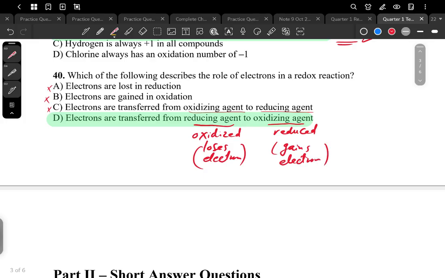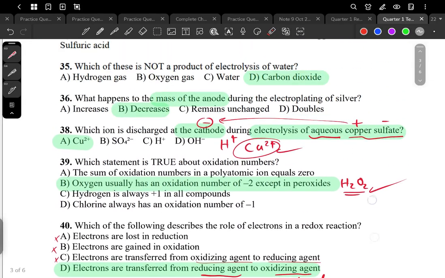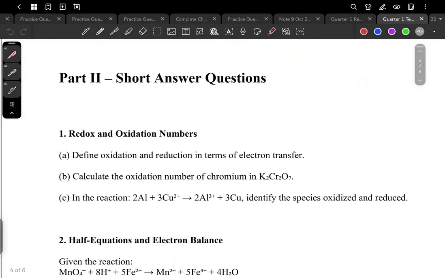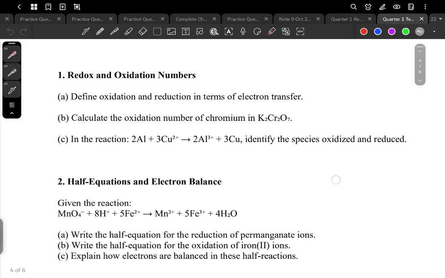So the electron flow is going from the oxidized one to the reduced one, which means from the reducing agent to the oxidizing agent. This is all about the multiple choice questions, and now let's go a little bit to the short answer questions.